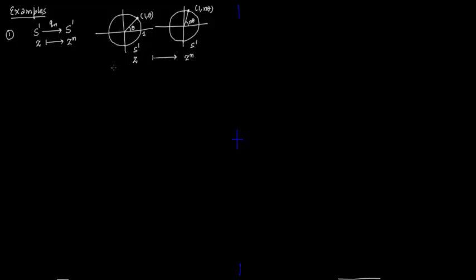You take the complex number z and you raise it to the power n. Now we have to check the inverse image also so that it has a homeomorphism. So we will take n as 3 and essentially you will get 3 roots of unity.